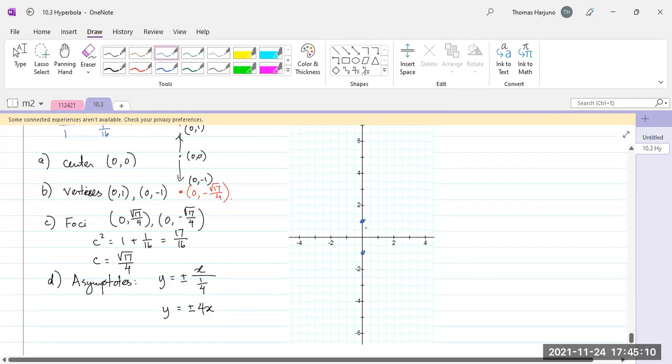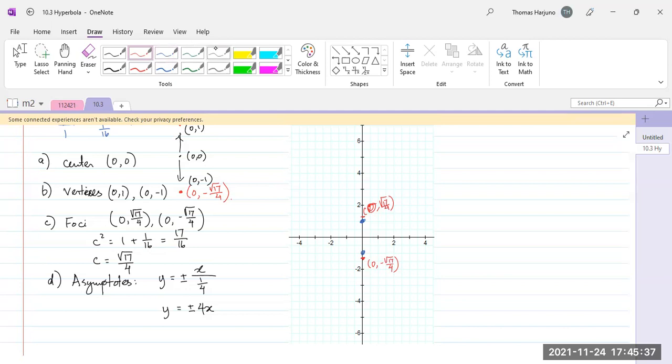That's 1.02. Oh, just slightly above that. It's very, very close to the vertices. So the red ones are the foci. That's 0, square root of 17 over 4, and this is 0, negative square root of 17 over 4.